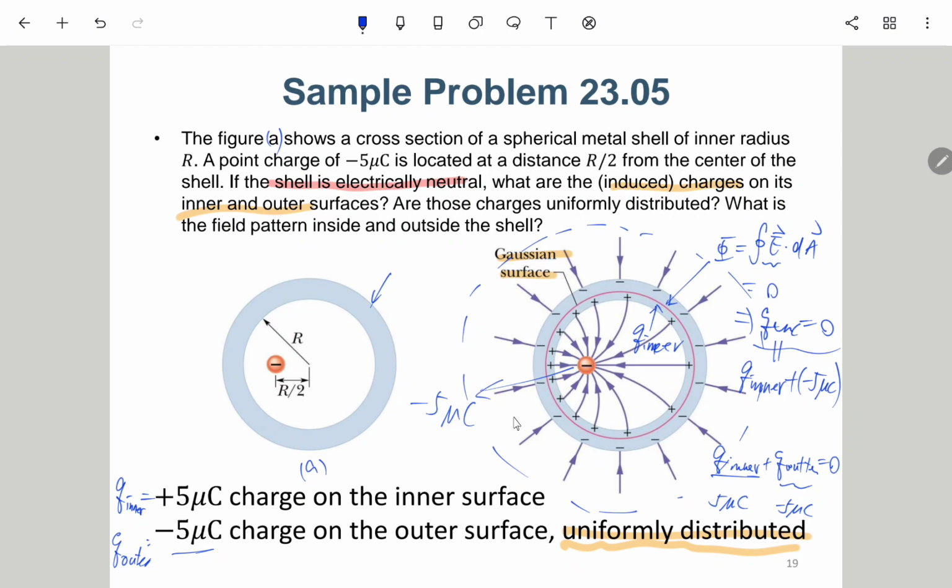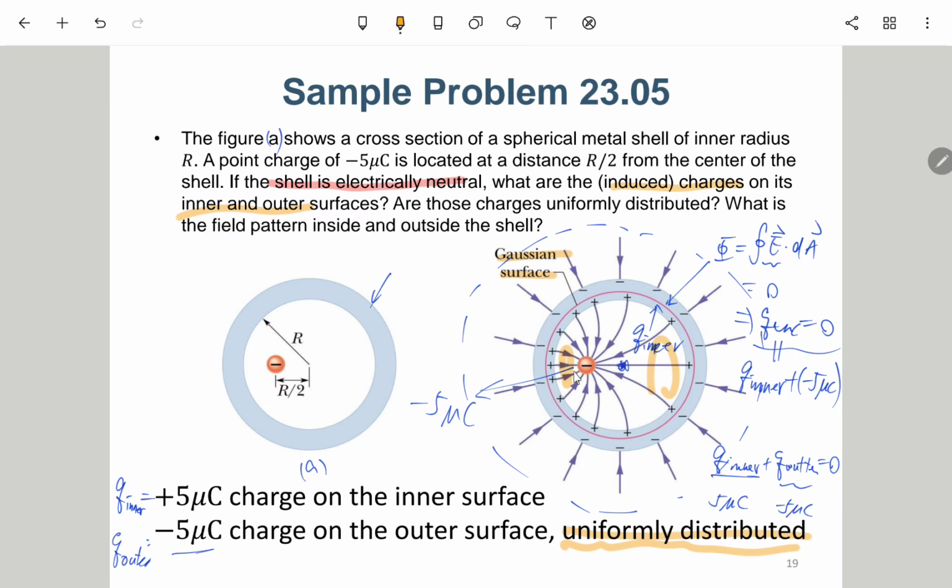It will generate an E field pointing to the center. However, inside this metal shell, the E field lines are like that. So you will feel that for this side the E field is stronger, but for this side the E field is weaker.